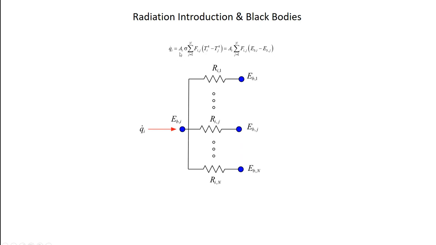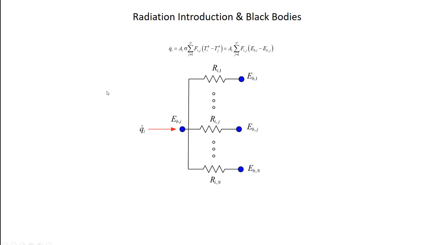So Q dot I is equal to AI sigma, and then I have the sum from J equals 1 to N of Fij Ti to the 4th minus Tj to the 4th, right? That's basically just saying I'm adding up Q dot I to 1, Q dot I to 2, Q dot I to 3, all the way to Q dot I to N. That's all this does, it just adds up all the heat transfer rates.